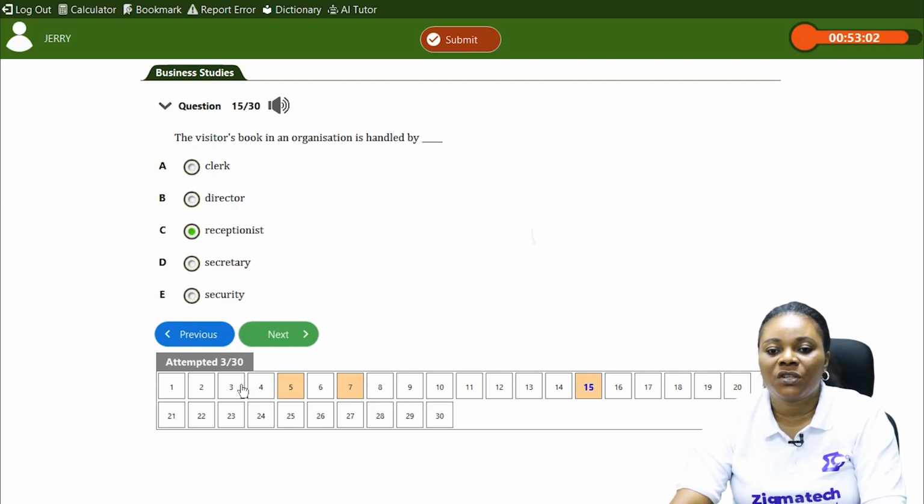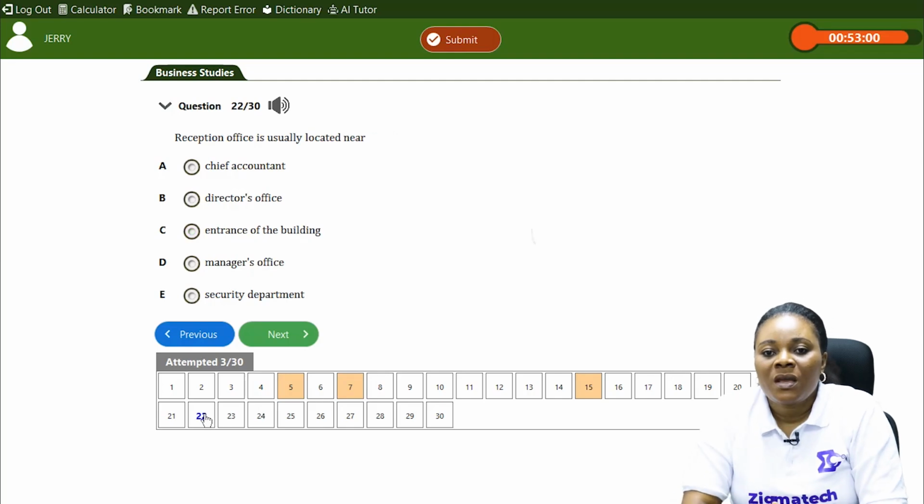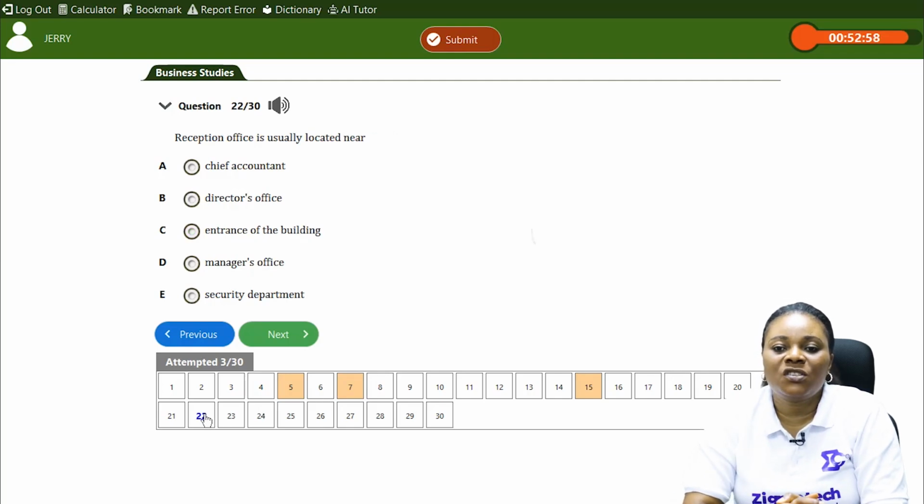We take another question. It says the reception office is usually located near dash. Is it near the chief accountant, or near the director's office, or near the entrance of the building, or near the manager's office, or the security department?